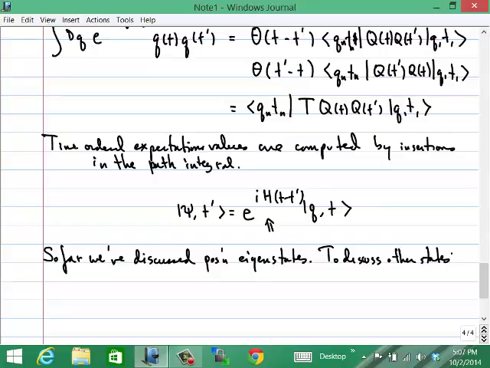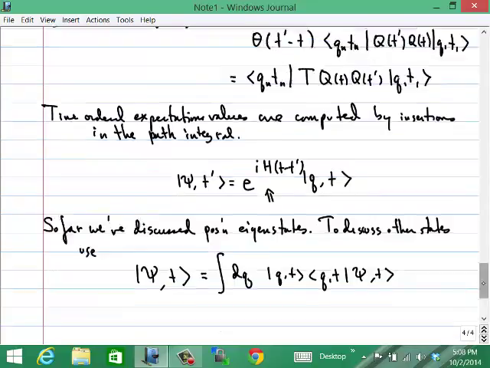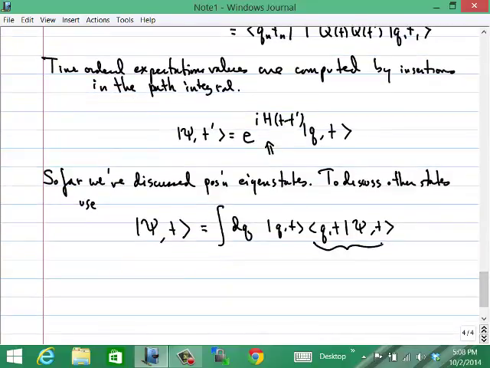To discuss other states, in principle, what you want to do is write some general state, psi of t, at time t, in this basis. So you would write it as an integral of dq of |q, t> times the wave function of psi in the position basis. This overlap here is a fancy name for the wave function psi of q at time t.